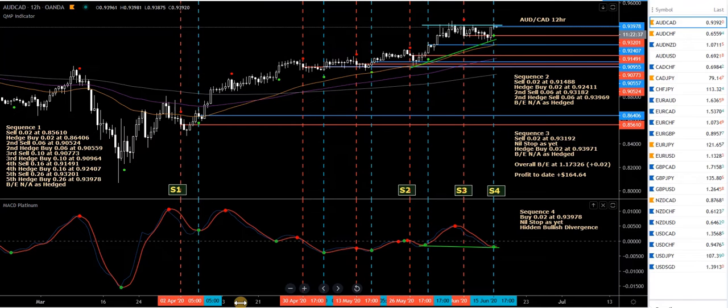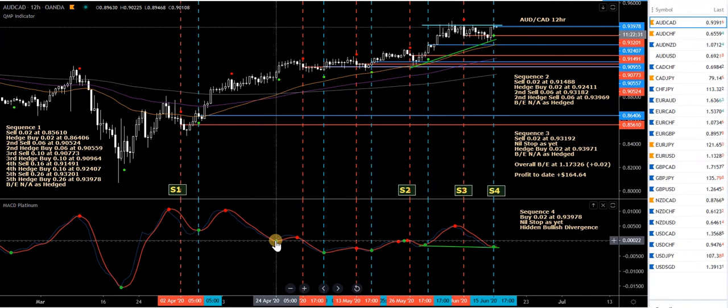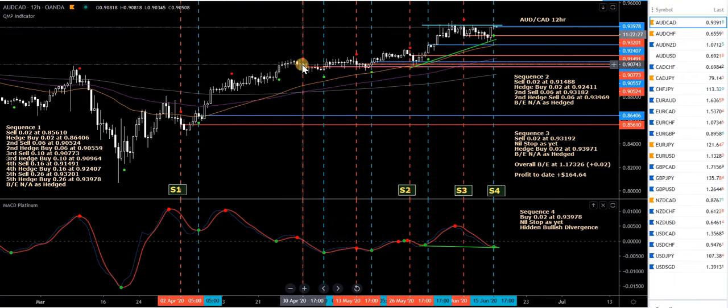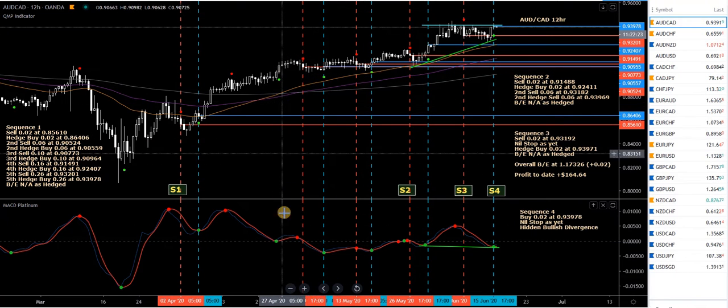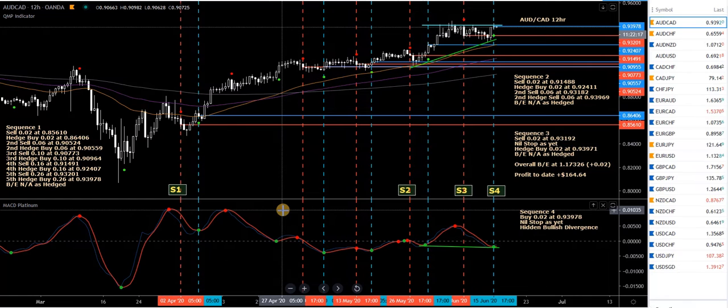I don't need to see it on the chart, so when the QQE Advanced crosses and it's in sync with the MACD Platinum cross or dot, then it presents these green or red dots on the QMP filter, and all I have to have a look at is where the MACD Platinum is in relation to the zero level, which is this dotted line along there.